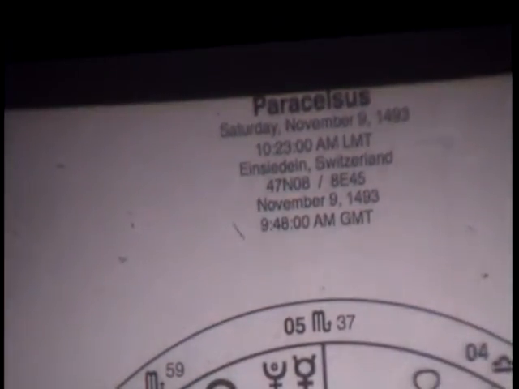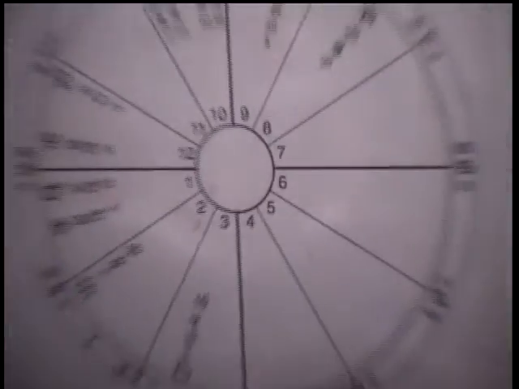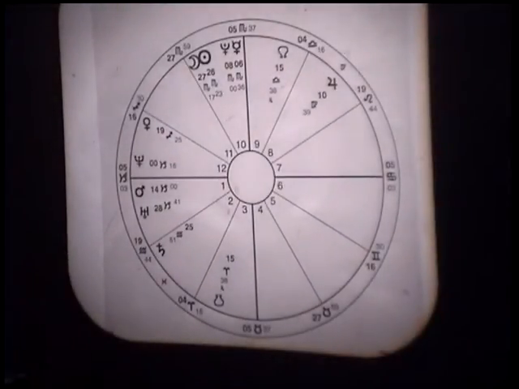All right, this is the horoscope of Philippus Aureolus Theophrastus Bombastus from Hohenheim, who named himself Paracelsus, which means beyond Celsus, who was a famous classical physician. Humility wasn't one of his strong points. No, that Bombastus is his name.